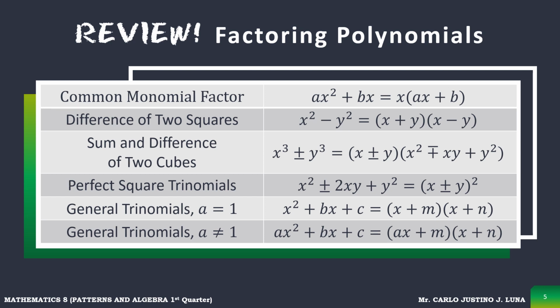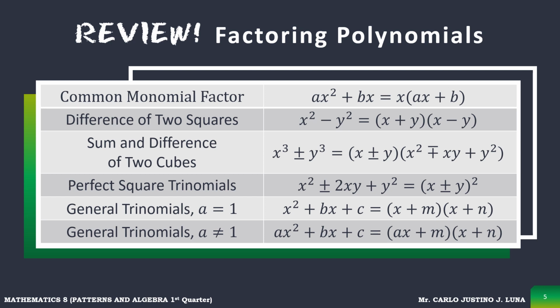So for example, here, we have ax squared plus bx. So obviously, their common factor is x. So we have to factor out x and then get the second factor. How are you going to do that?